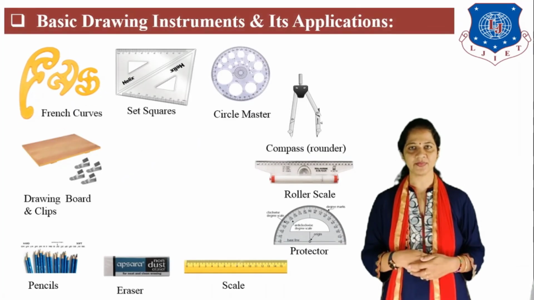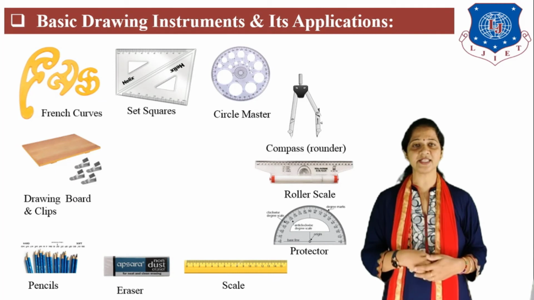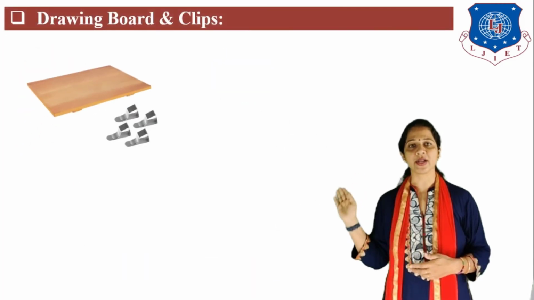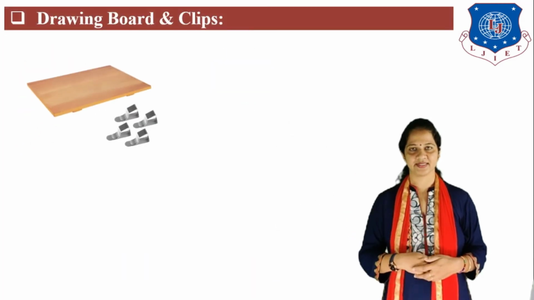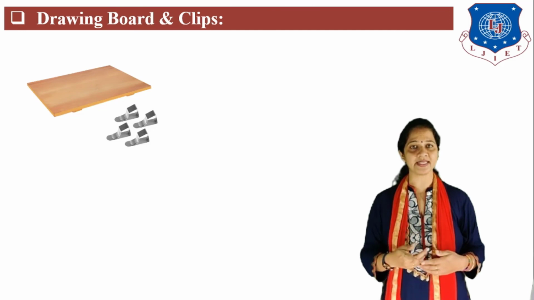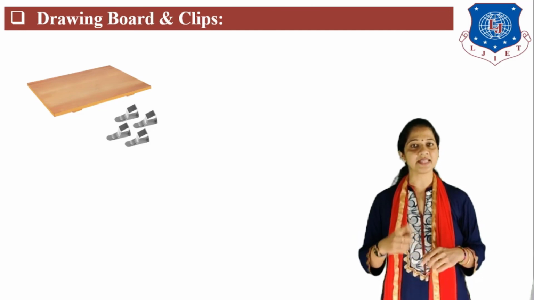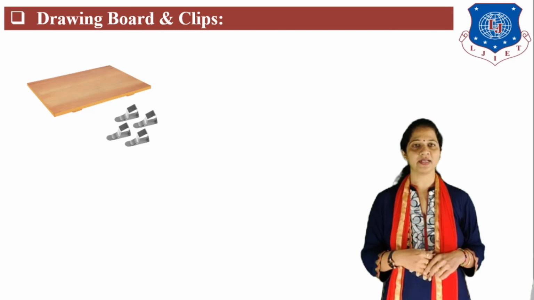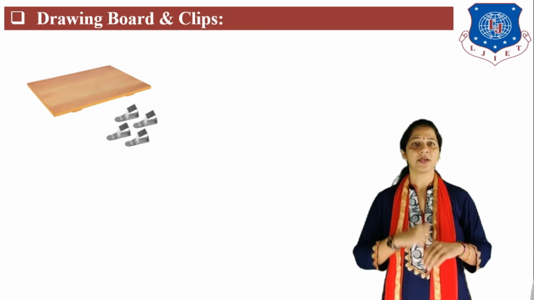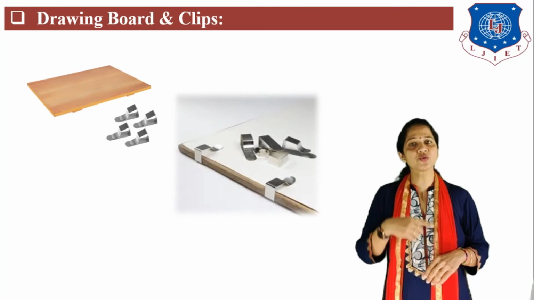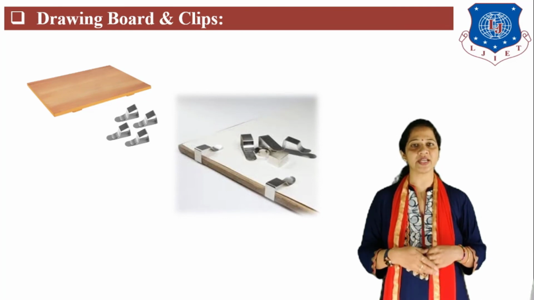Now, the last instrument is drawing board and clips. Drawing board is rectangular in shape. The surface of the drawing board should be smooth because it is used to hold the drawing sheet.